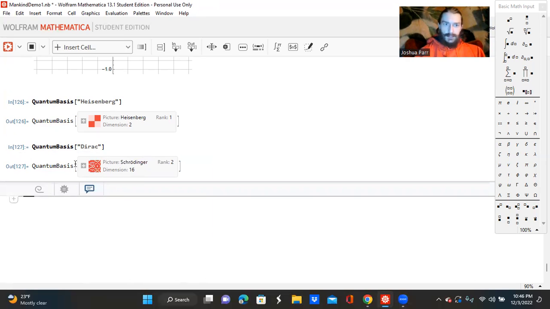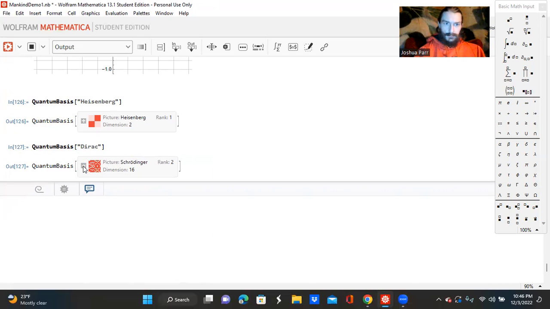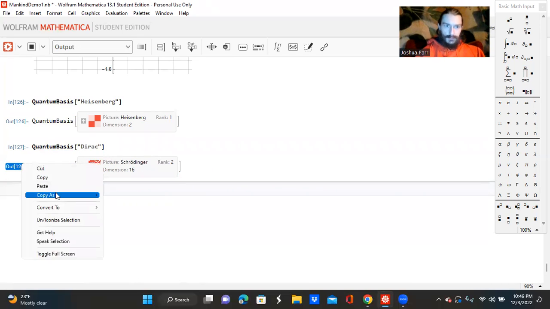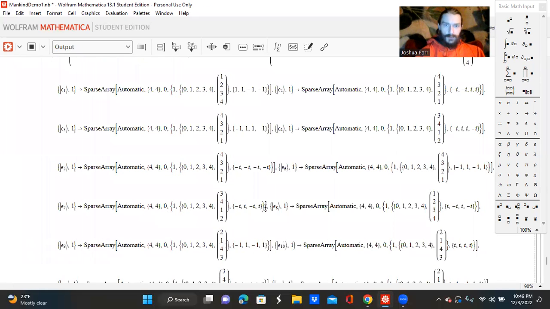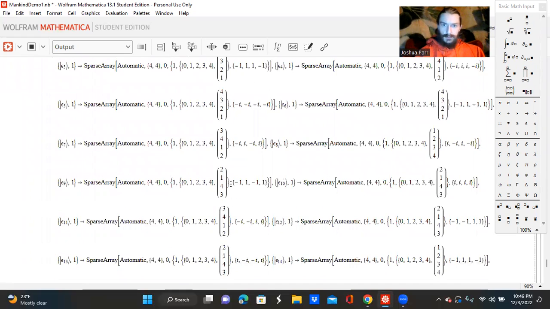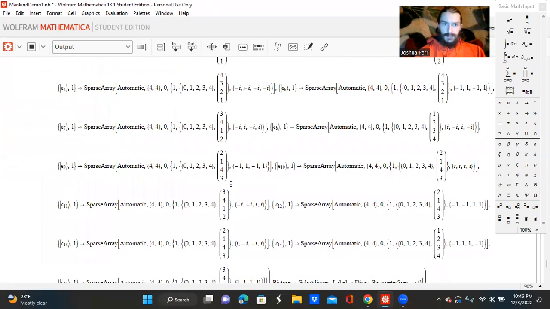It is a Schrodinger, dimensional, one qubit, 4x4. And if I look at the traditional form there, this is what my bra-ket notation looks like.